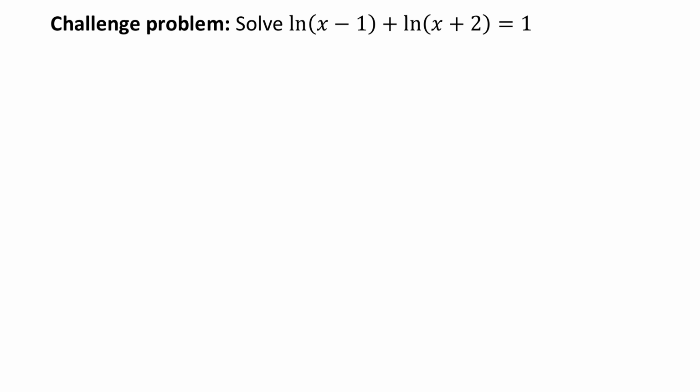Okay, so the first step should be good. We write this as ln (x minus 1)(x plus 2) equals, we've got to write that 1 as a log. Now remember, ln means log base e. So log base e of something is going to be 1.